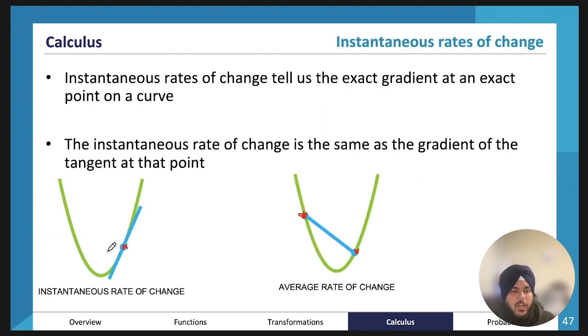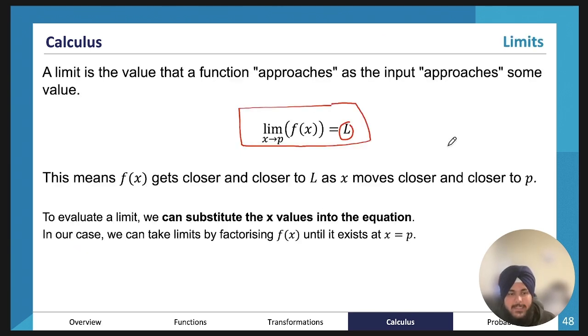And essentially that's what we want. If we are trying to determine the instantaneous rate of change from the average rate of change, we want to find 2 really close points and determine the gradient between them, because that's much more accurate as opposed to having really far away points. So my difference between these 2 points is approaching 0. And that is essentially the derivative.